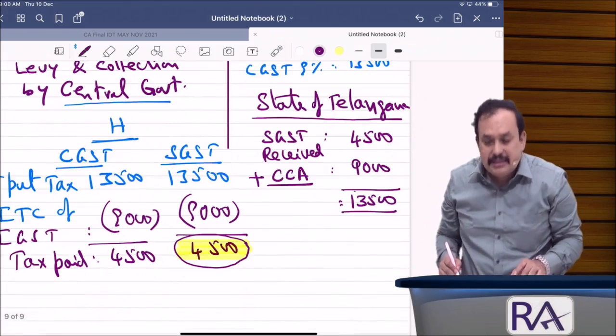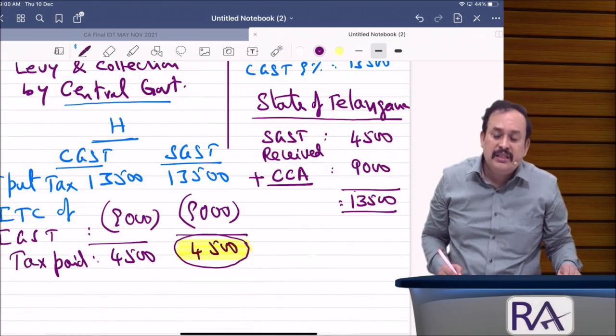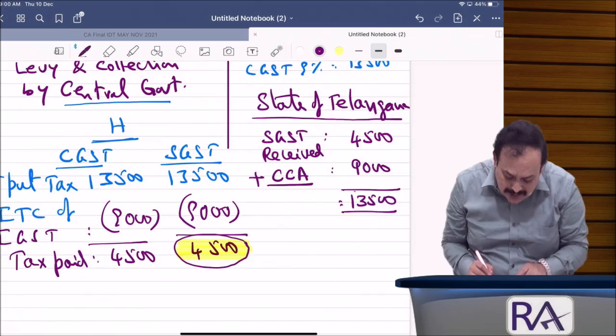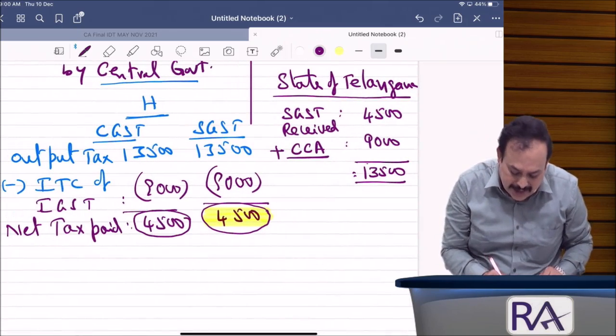Correct? At the same time, the Central Government of India says, my CGST collection, how much here? Only 4,500.